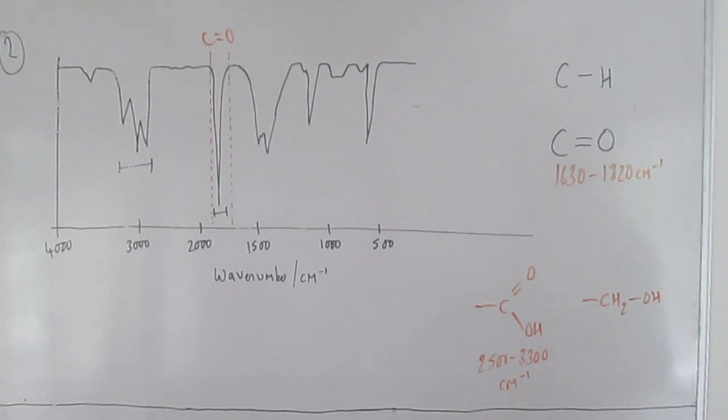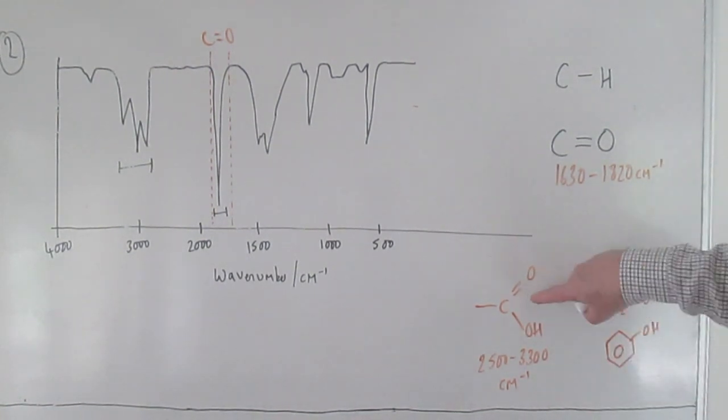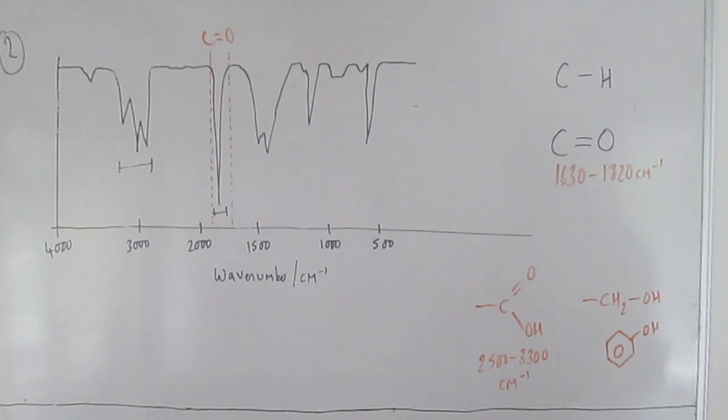We haven't met phenols yet, but a phenol is a compound where the OH is connected to a benzene ring, which we'll learn about next year. So you can see they're different from carboxylic acid groups, because they don't have the carbonyl adjacent. And those give peaks in the range of 3,200 to 3,600 wave numbers.